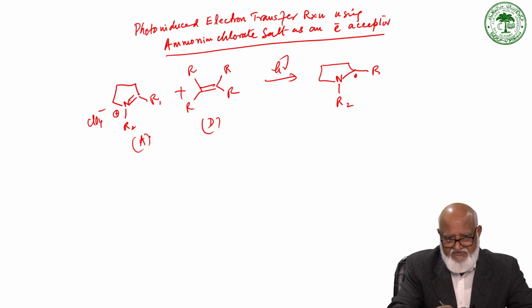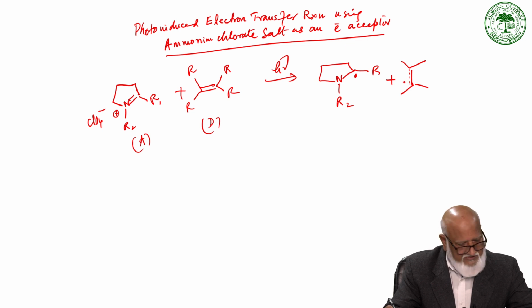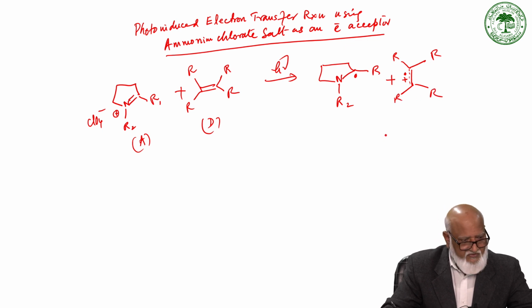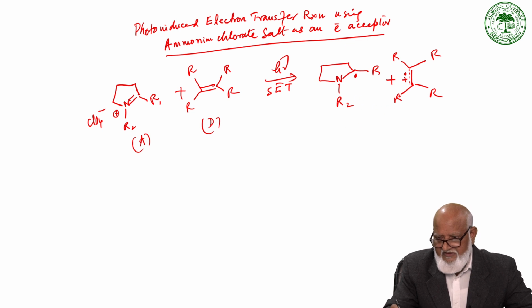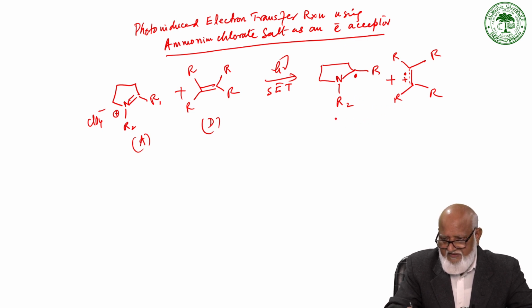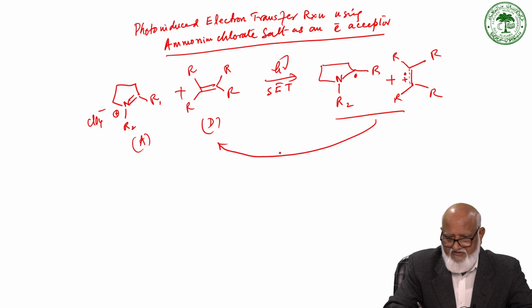After electron transfer, we get a carbon center radical because the anion is getting compensated with the positive charge, plus the radical cation of the alkene, the electron donor. So this is single electron transfer, giving rise to radical and radical cation species, and then this gets back to single electron transfer.